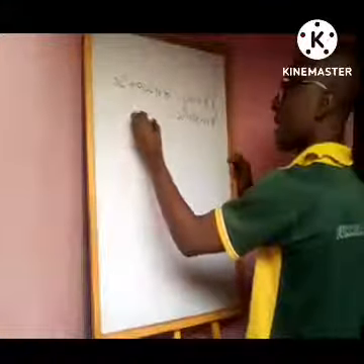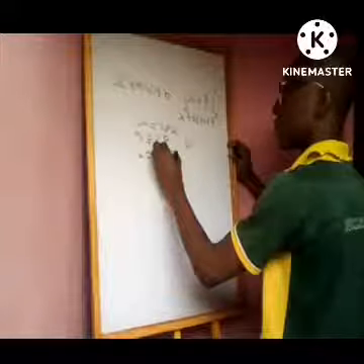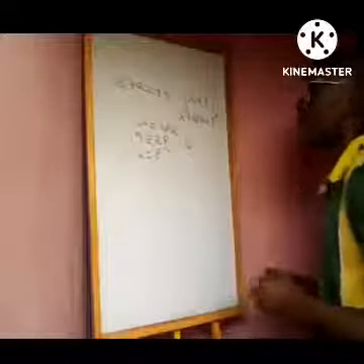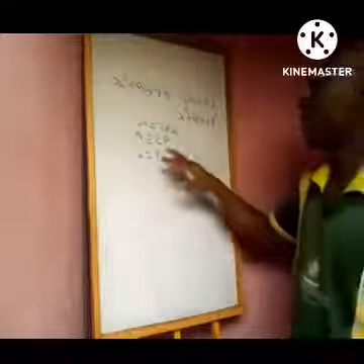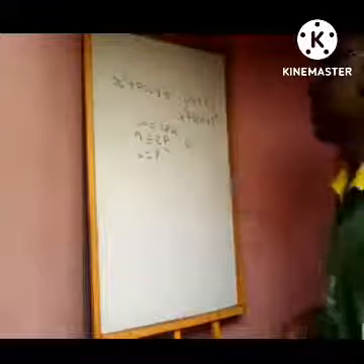Now the next one, that means b will be equivalent to p squared. So for this to be a perfect square, we have to make a equal to 2p and b equal to p squared.